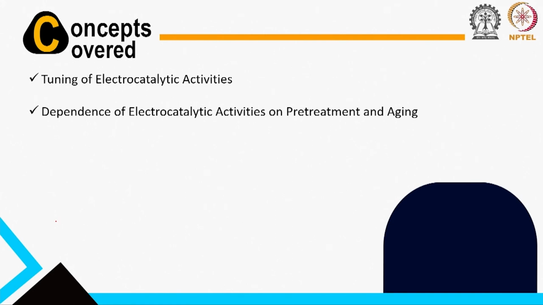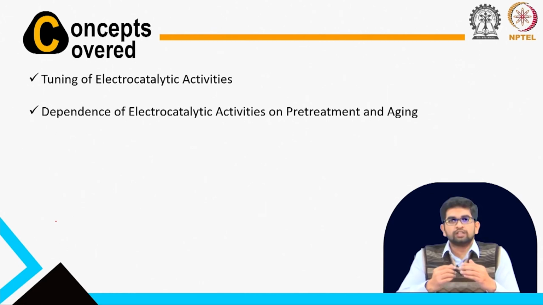So let's continue with different tuning methods, how we can improve, and these improved activities may also not stay for a longer time. This is another phenomenon I will cover today. So what is the main concept for today's lecture? First, the tuning methods that I taught last time, like the sodium borohydride chemical method for tuning.